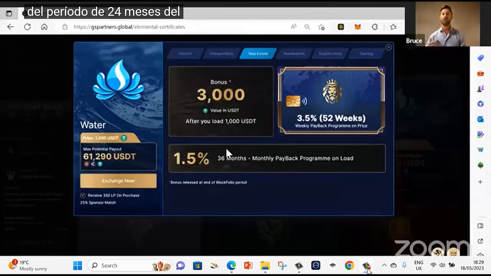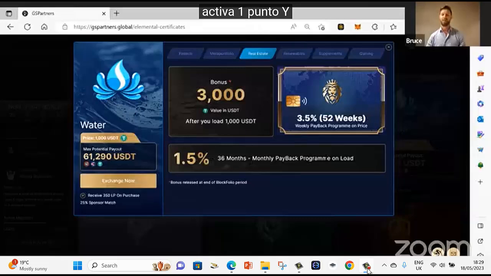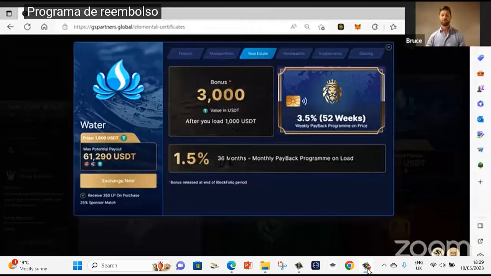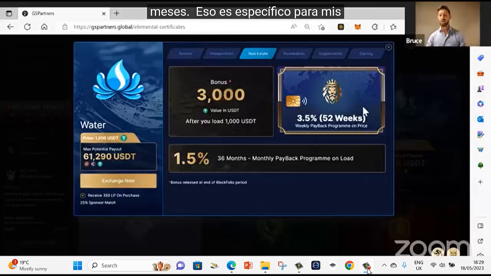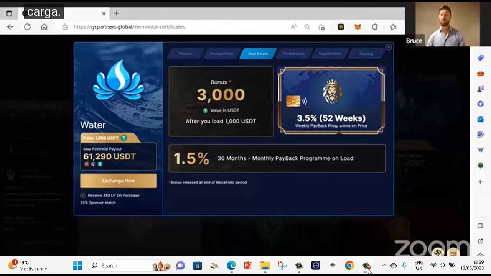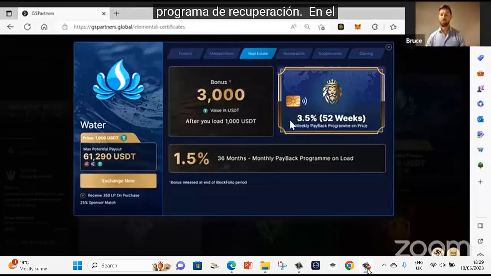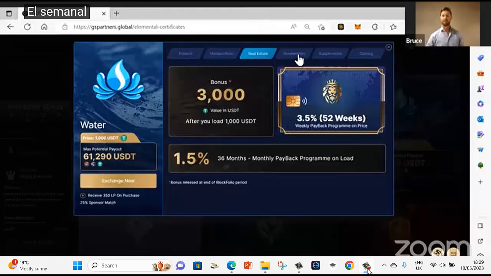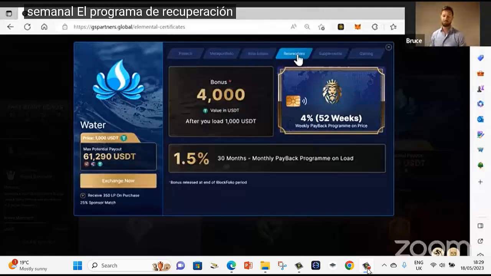It will also activate 1.5% on a monthly payback program on the 1,000 load for 36 months. It will also unlock or activate a weekly payback program on the price, the original 1,000 USDT, for a 52-week period at 3.5%.